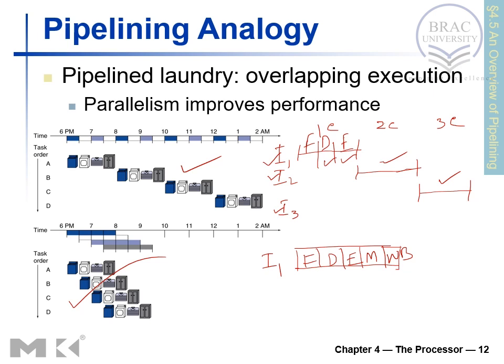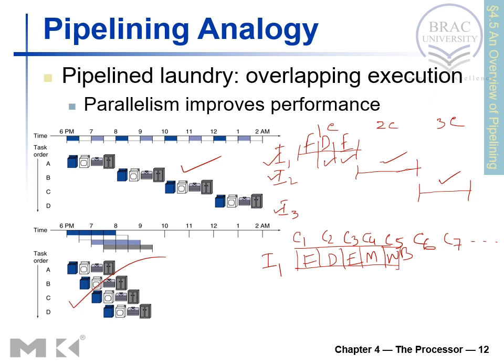Instruction 1 is performing fetch, and each of these stages, fetch, decode, execute, memory operation, and write back, would take one clock cycle. Let's say this is C1, this is C2, C3, C4, C5, next C6, C7, and so on. So this is how it goes.